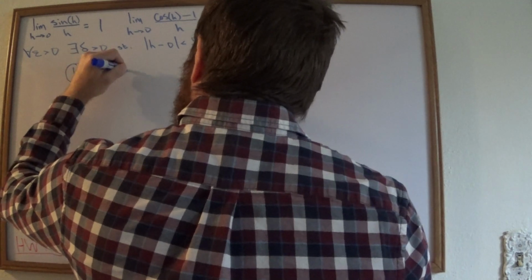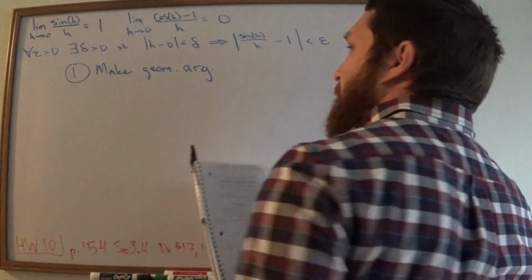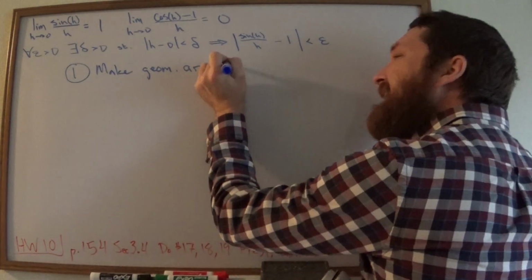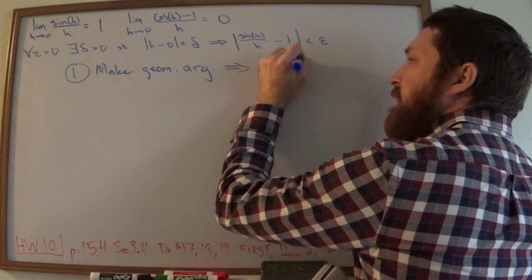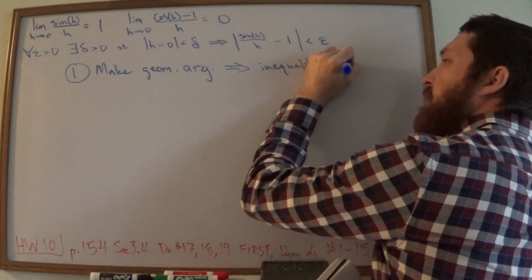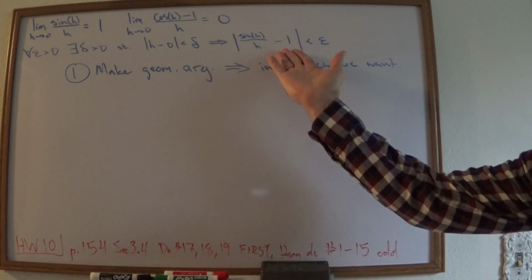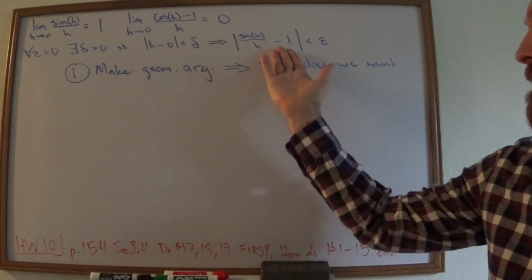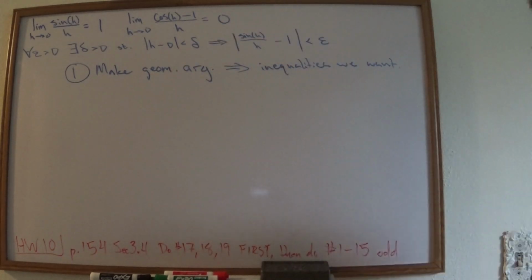We're going to make a geometric argument with a picture. What that's going to give us is a bunch of inequalities that we want, because obviously we're trying to prove something that involves inequalities. There will be very useful ones that will help us do this.